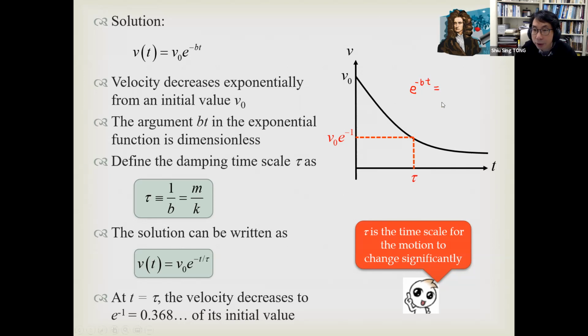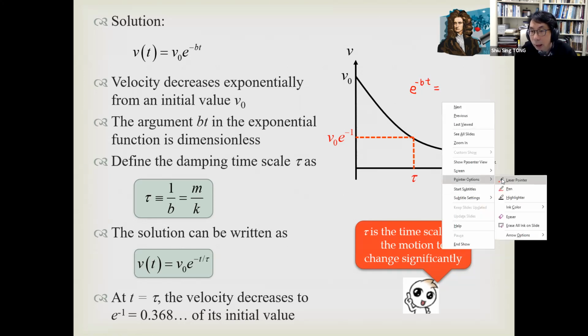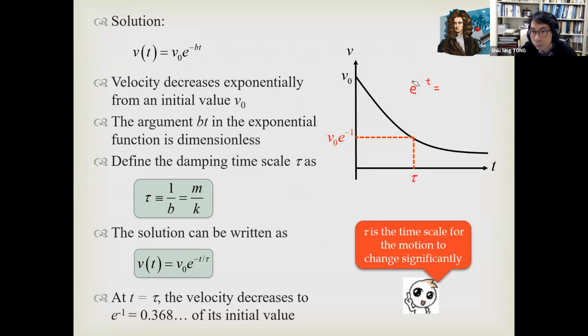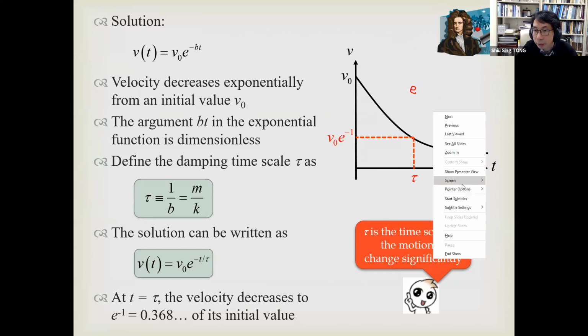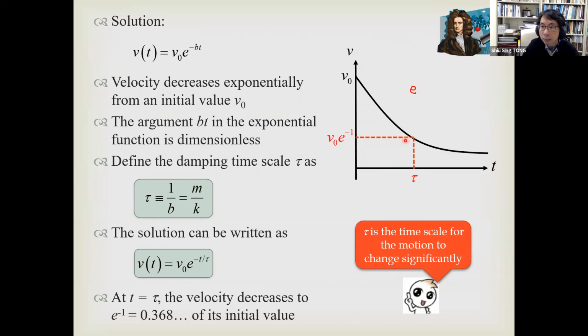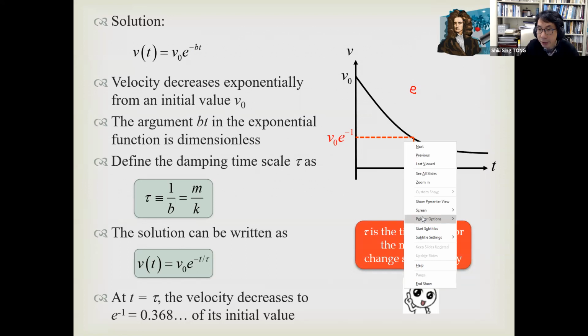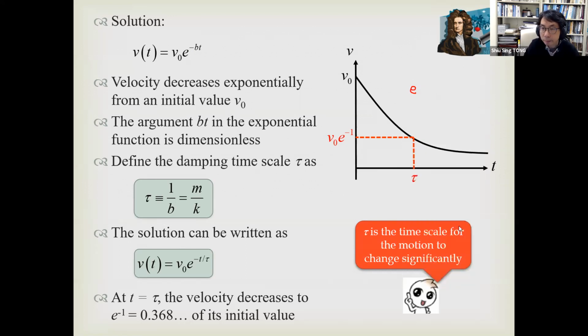Maybe I put it simpler. Instead of exponential to the minus bt, maybe I just write it as e to the power C. What is the Taylor series?